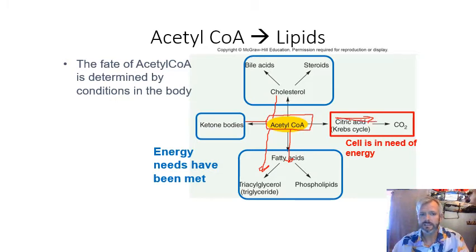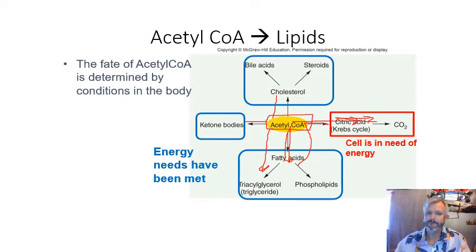So that's one of the unifying molecules in metabolism. We get acetyl-CoA. If energies are met, we can store it away. If we need energy, we can break down fats, make acetyl-CoA, and if energies aren't met, the acetyl-CoA will enter the citric acid cycle.